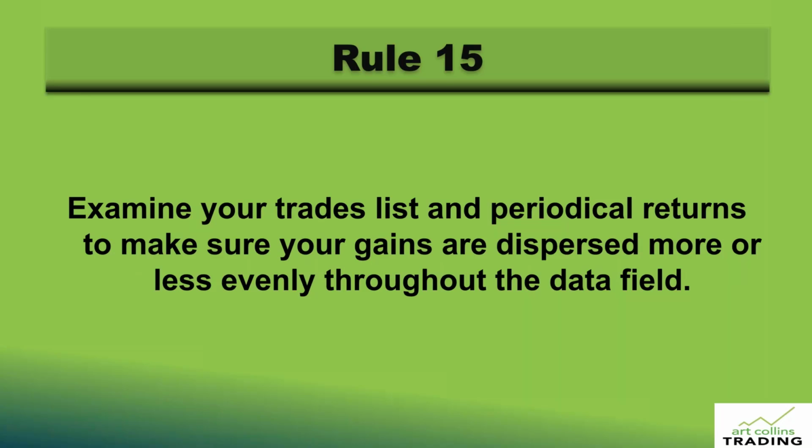Examine your trade list and periodical returns to make sure your gains are dispersed more or less evenly throughout the data field. You can devise a system that has very good performance that occurred like in a 1 or 2 week period.